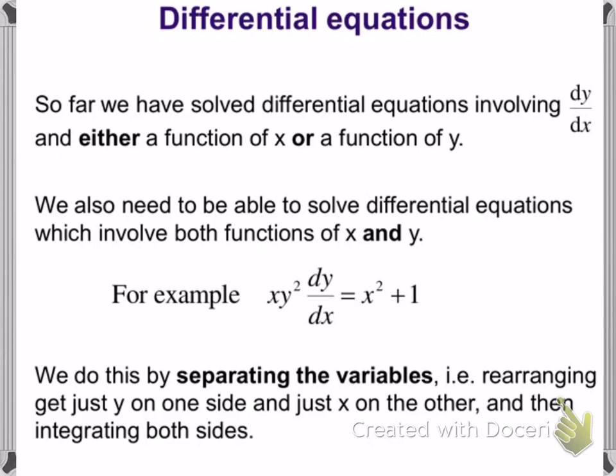We also need to be able to solve differential equations which involve both functions of x and y. For example, we have xy squared dy by dx equal to x squared plus 1. To do this, we have to first of all separate the variables. We need to rearrange to get just y on one side and x on the other, and then integrate both sides.